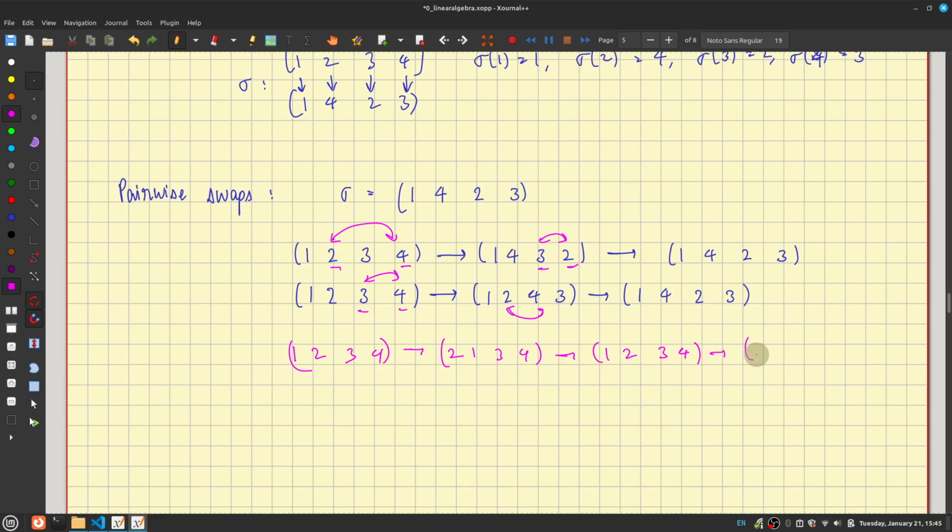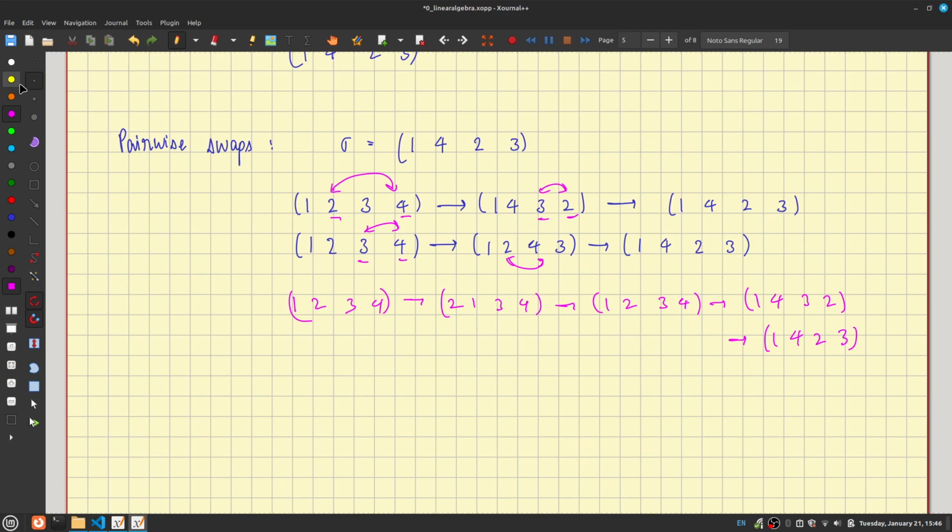And then swap to get, let's say, 1, 4, 3, 2. And then make another swap to get 1, 4, 2, 3. So in one case, I could do this using two swaps. In this case, I need 4 swaps. So the number of pairwise swaps required is not unique. That's one thing to keep in mind.